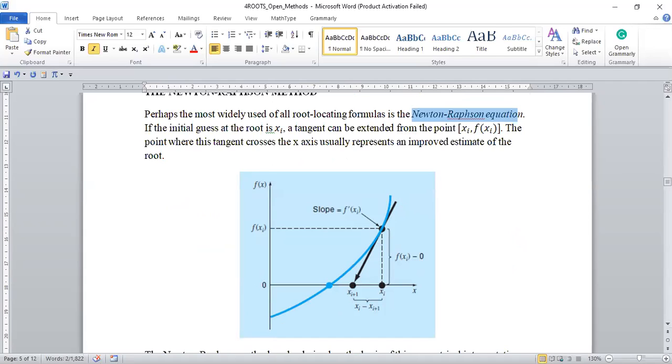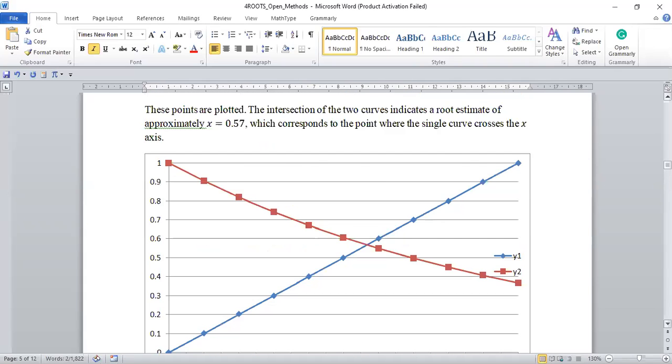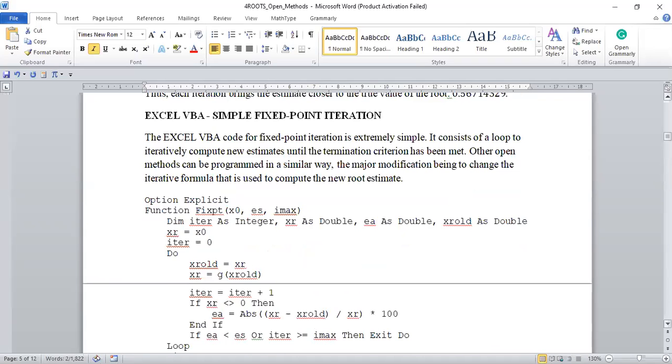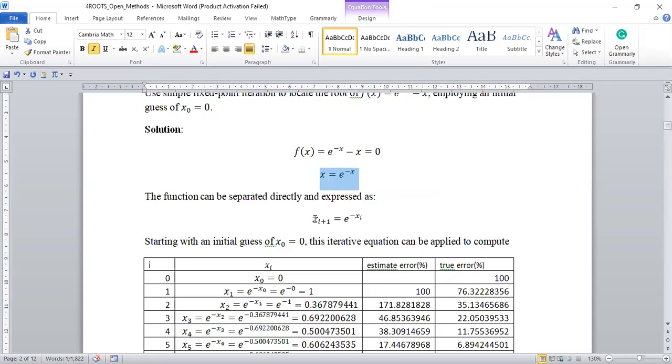Remember for the previous method, the fixed point iteration method, you're going to turn any equation you are given into this form. So the next value is going to be given as a function of another function, which depends on the question.